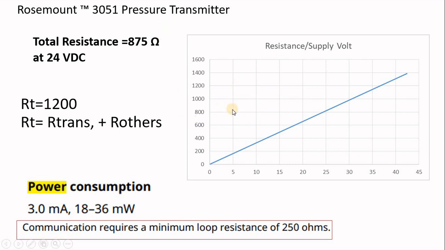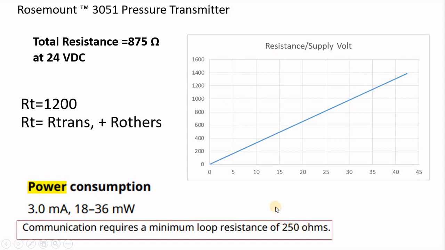This is the 3051 pressure transmitter from Rosemount. They will give you a graph. You go with your supply voltage and you can see what the maximum resistance is. They say that your total resistance should not exceed 875 ohm. In the transmitter manual, they tell us the maximum resistance in the loop and the minimum resistance in the loop.